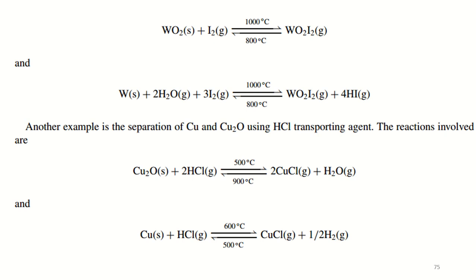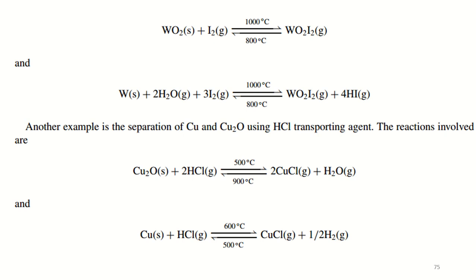For example, tungsten oxide and tungsten may be separated by using iodine and water as the gas phase.